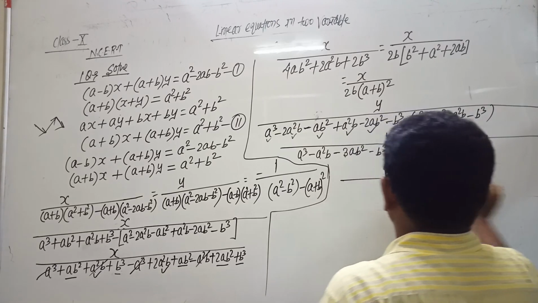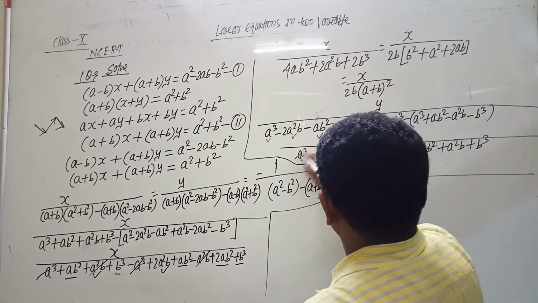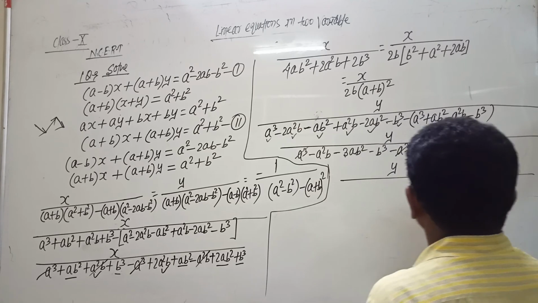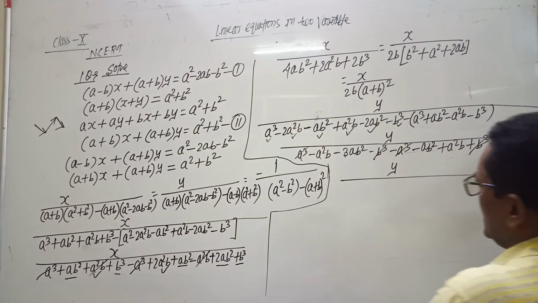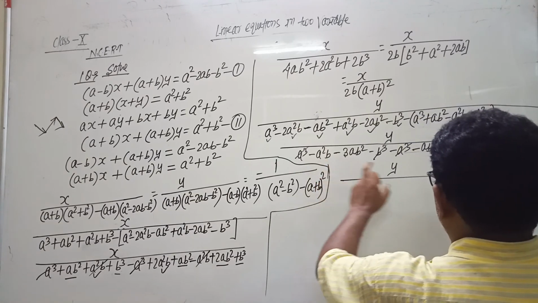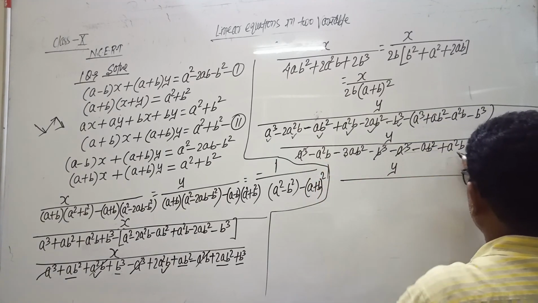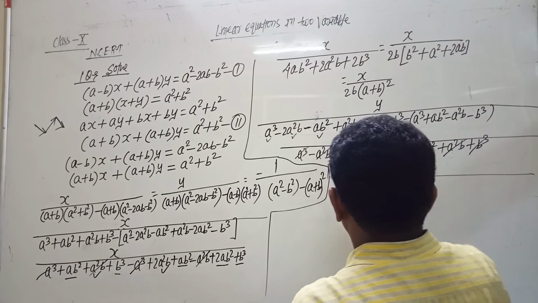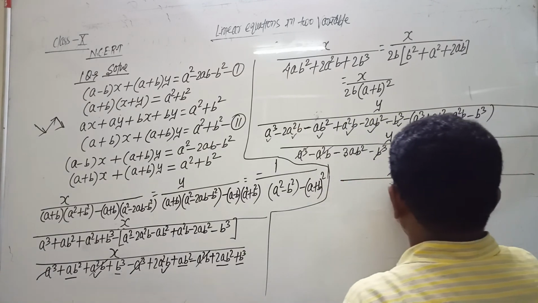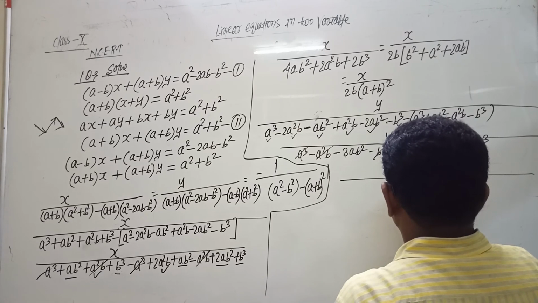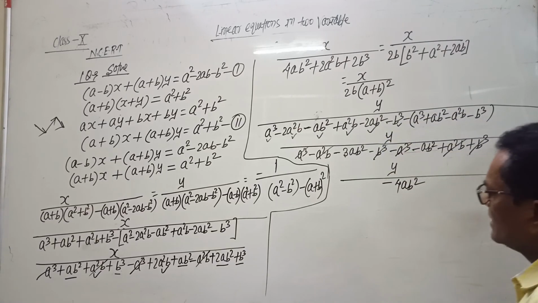Then y upon plus a cube minus a cube cancelled, minus b cube plus b cube cancelled, and minus a square b and plus a square b also cancelled, and we get minus 3ab square minus ab square, which is minus 4ab square.